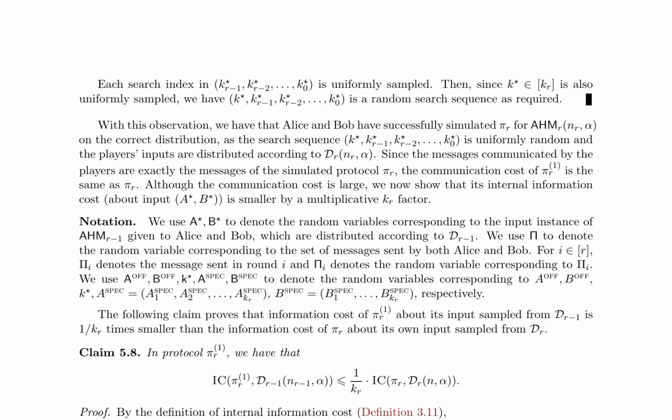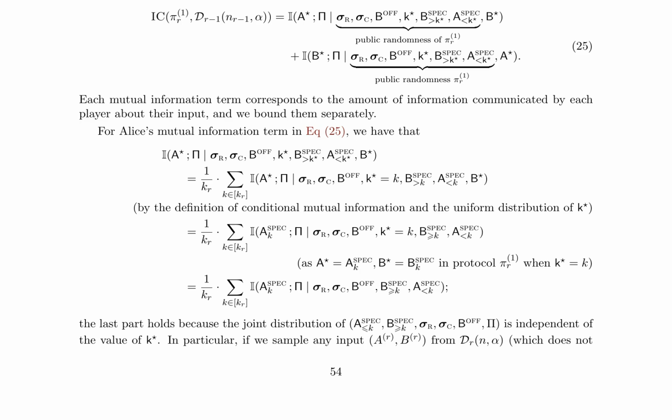The protocol pi_R^1 is an R-round protocol for the augmented hidden matching AHM problem, which involves 2 players, Alice and Bob, who take on the roles of players PX and PY in the simulated input instance of AHM_R. The protocol uses public randomness to sample a uniform random search index K*, and jointly sample variables from the distribution D_{N,R,alpha}.